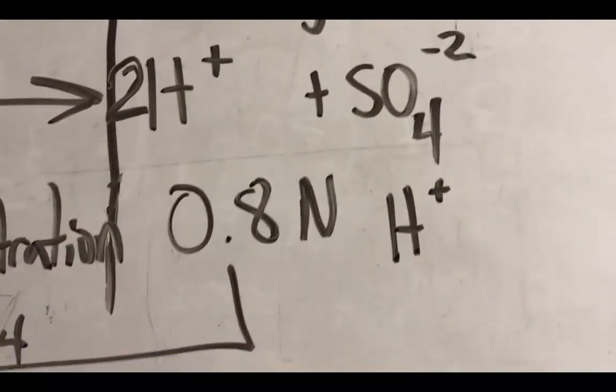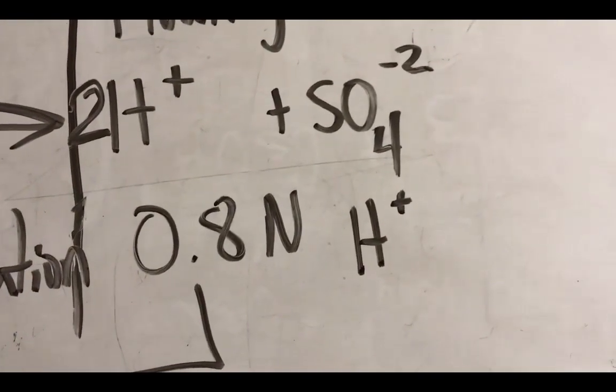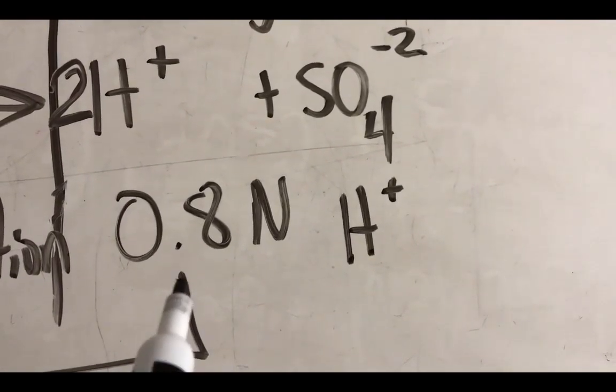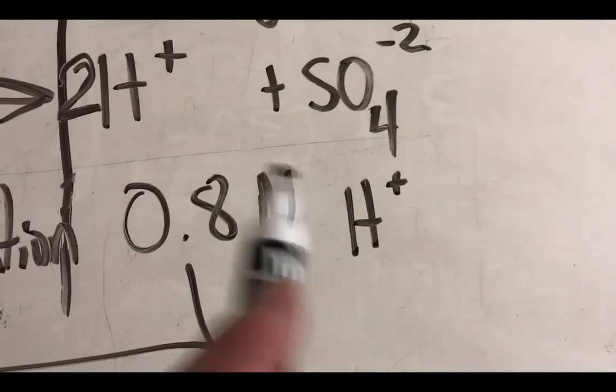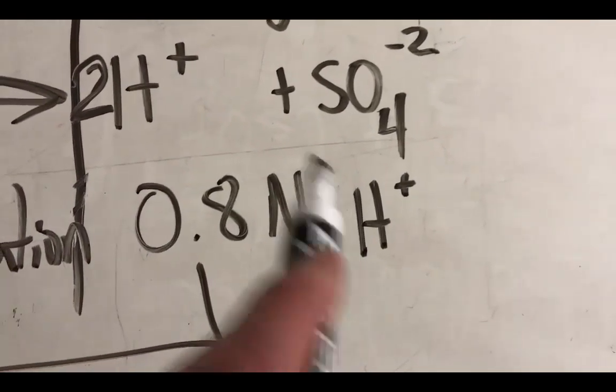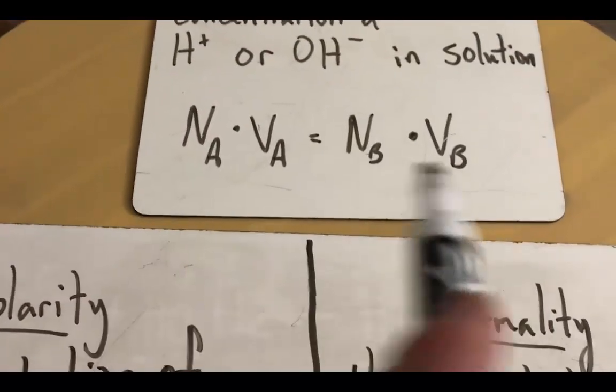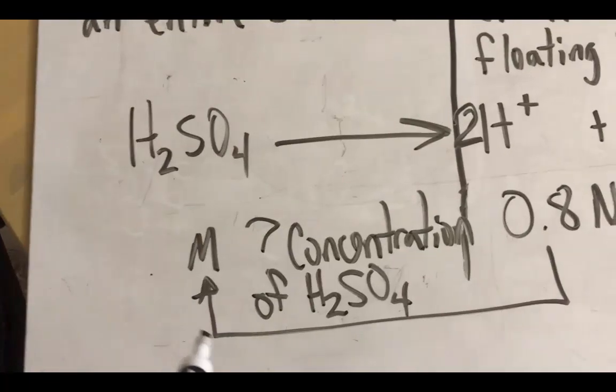We'll stick with our sulfuric acid. Let's say we solve for 0.8 normal as my answer using this equation. What do I do?